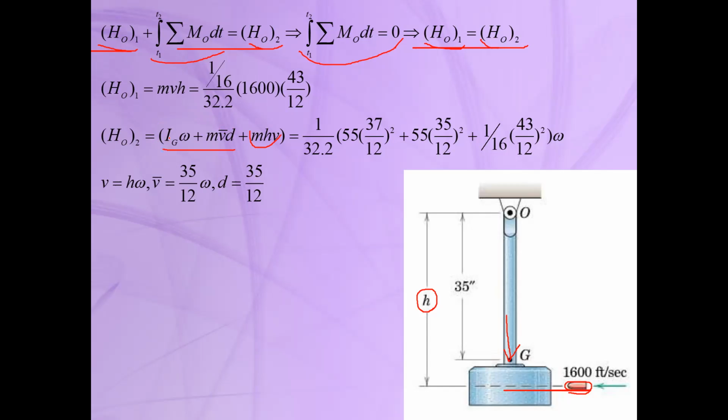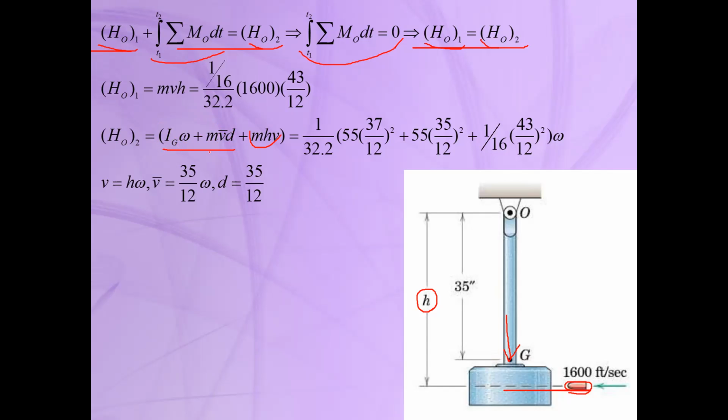Ig is the mass moment of inertia about the mass center, omega is the angular velocity, v bar is the velocity of the mass center, and d is the distance between the mass center and point O.